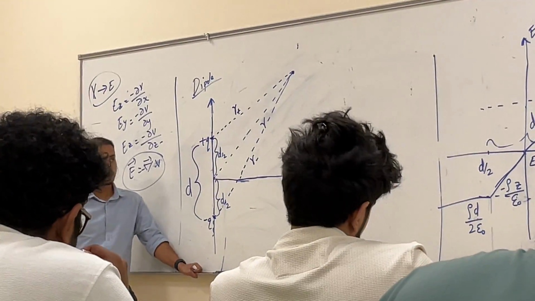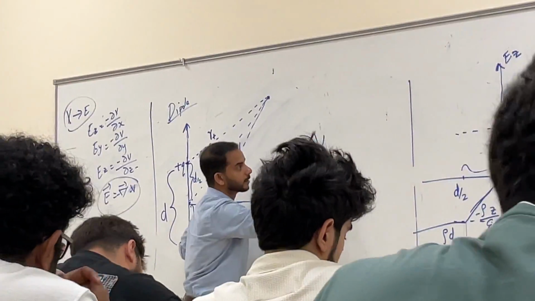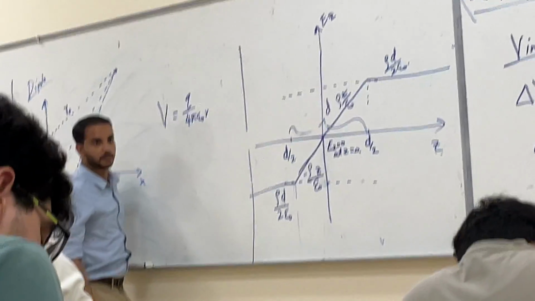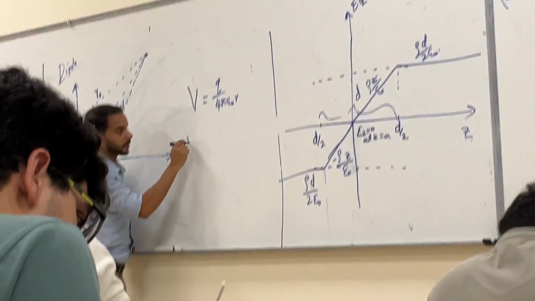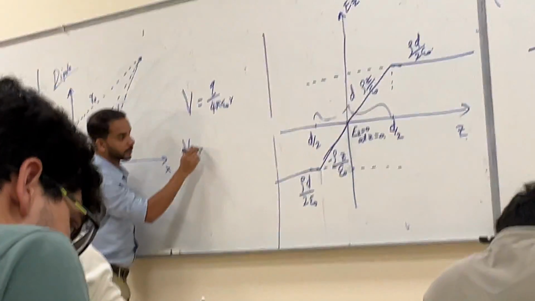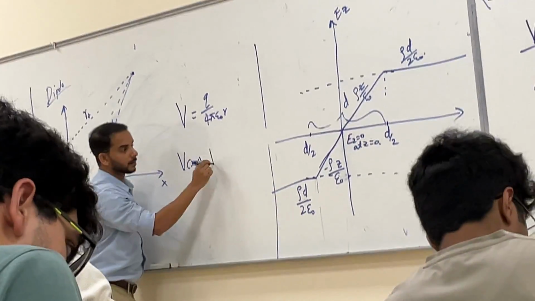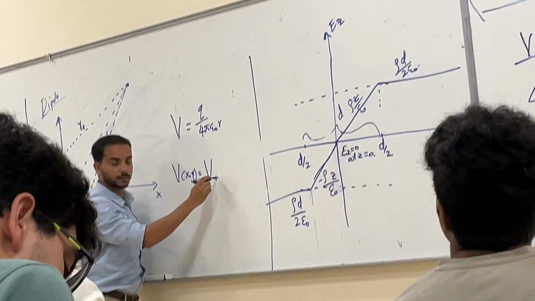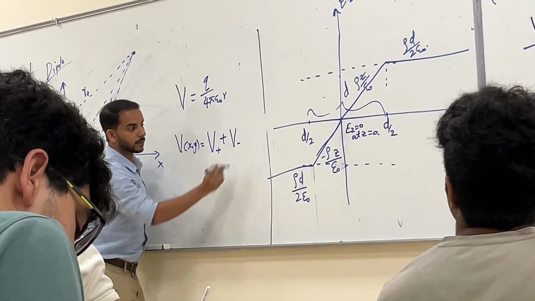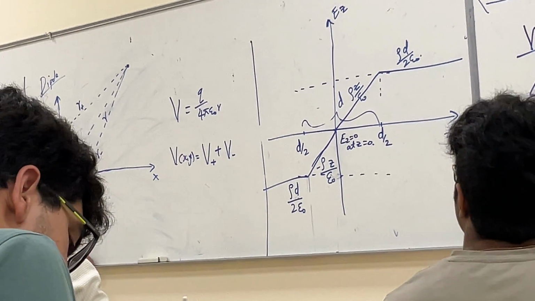To find the potential, what would I need? Q over 4 pi epsilon 0 R, right? So to find the total potential of this system, I have to find the potential of the positive charge plus the potential of the negative charge.